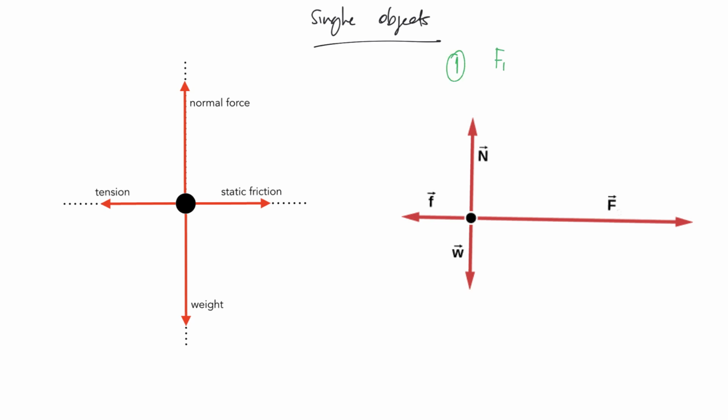If you have a resultant force that is greater than 0, right? This means that the object will move in the direction of motion or the opposite direction of motion. Right?